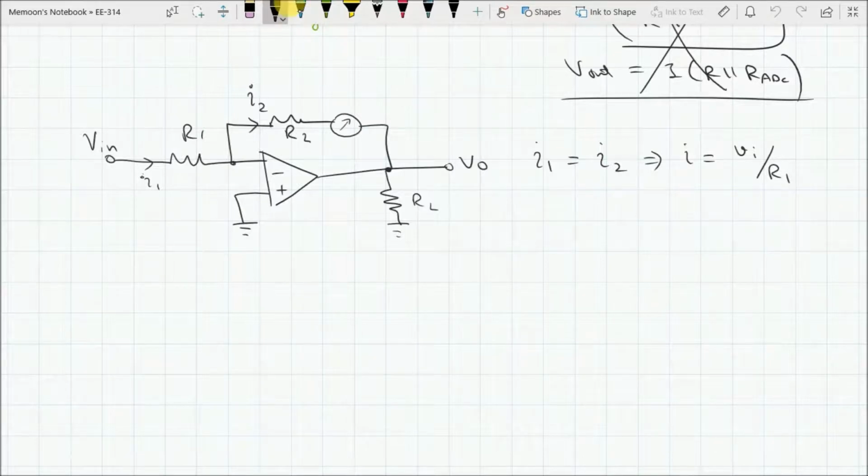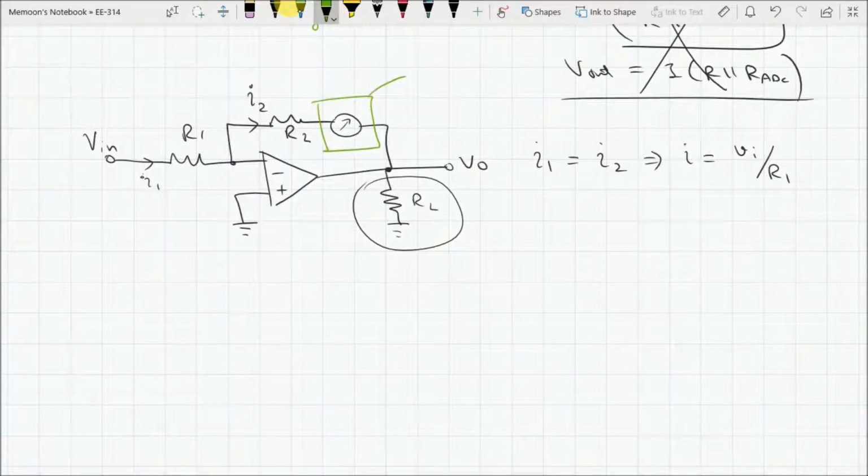But this configuration is not very practical because now this RL is not our actual targeted load from which we want to pass a fixed known amount of current, but rather this is our load from where this I is passing.